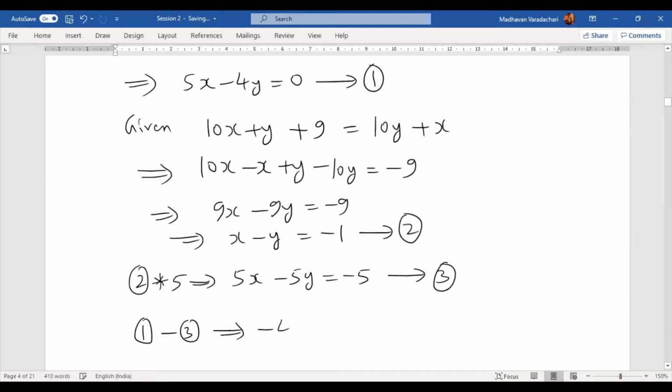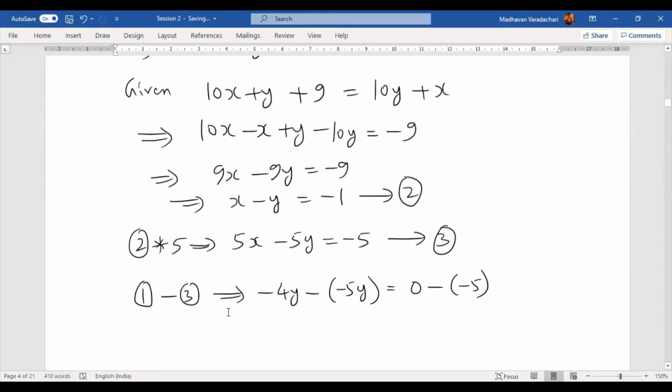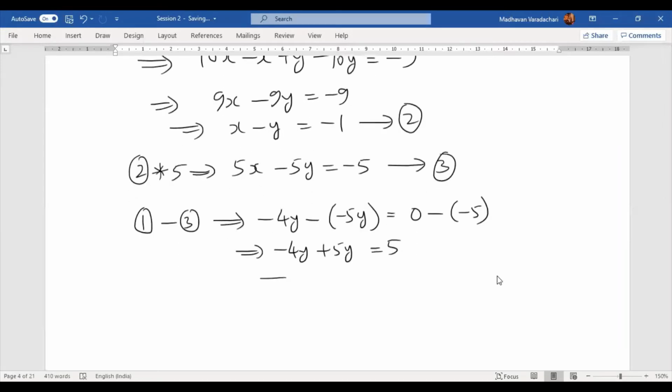Then minus 4y minus of minus 5y, it becomes plus 5y, is equal to 0 minus of minus 5, which is plus 5. That means y is 5.